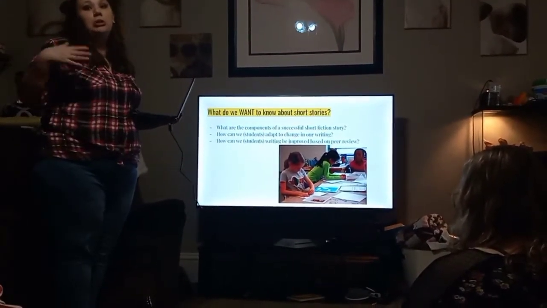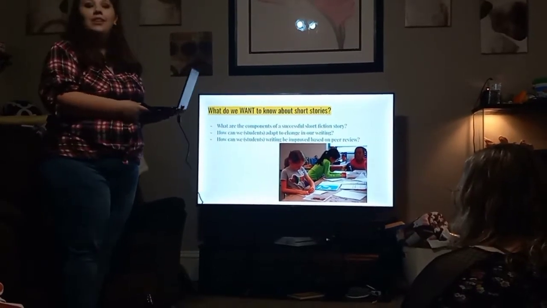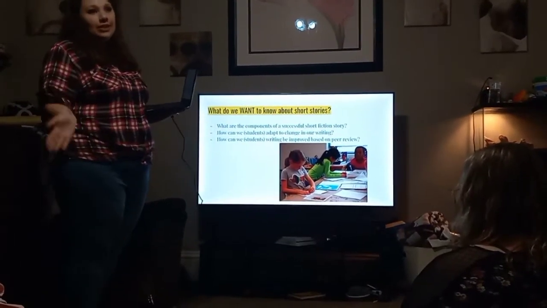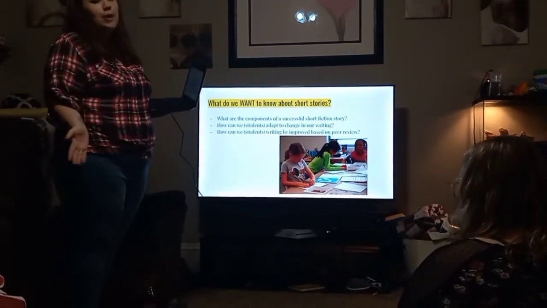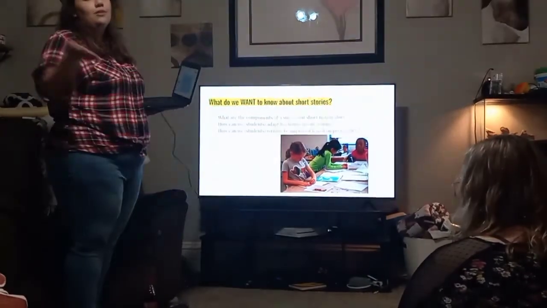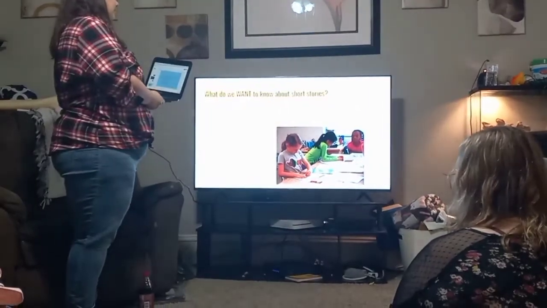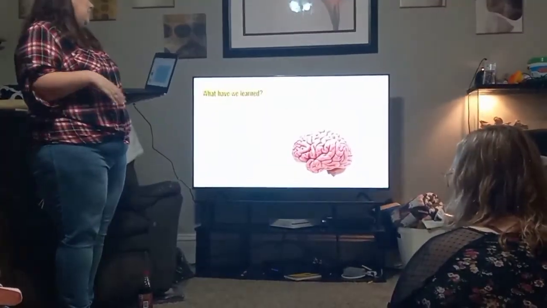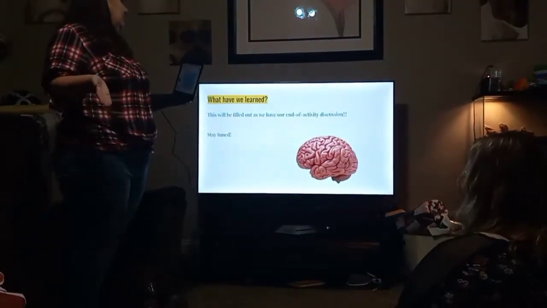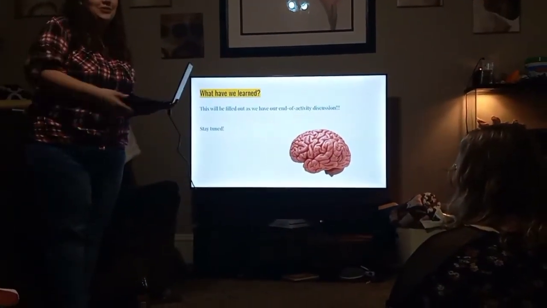So we are going to be grading each other's work at the end of this, and you're going to take those suggestions into consideration for future writing. We want to improve upon what we had already written for the future. What have we learned? So this will be filled out as we have our end of activity discussion, and I want you to stay tuned for that.